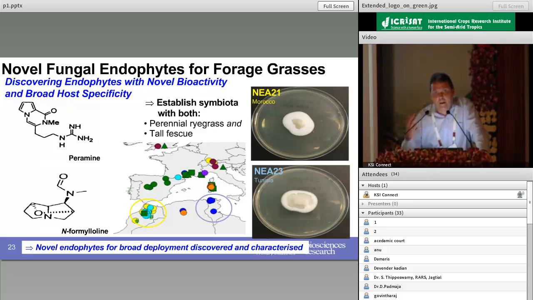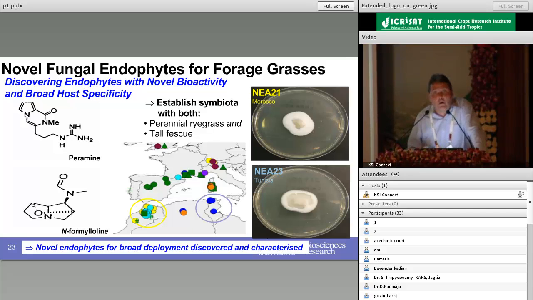Now, I use the example of fungal endophytes as one of the components of this symbiome, but it goes beyond that. Here is illustrating the diverse bacterial microbiomes that we can reveal in forage grasses. This is an example in perennial ryegrass, in which we find over 2,700 bacterial phyla in its microbiome. We can see that metatranscriptomics allows us to find differences in bacterial species predominance in both the shoot and the root microbiome, and in particular the root microbiome profiles seem to be descriptive of the nutritional status of the plant.